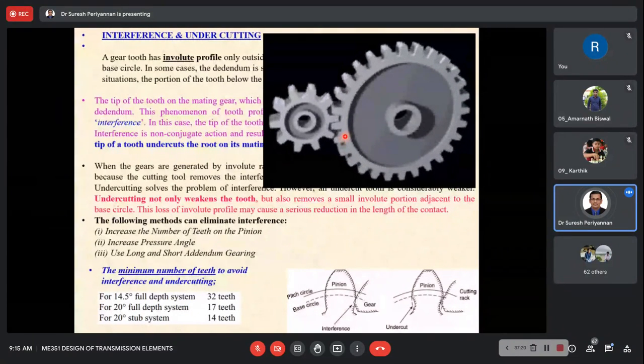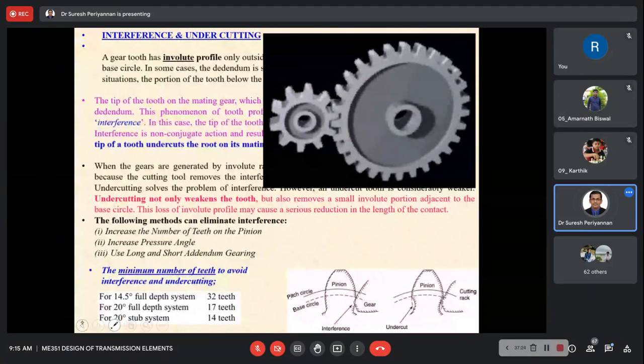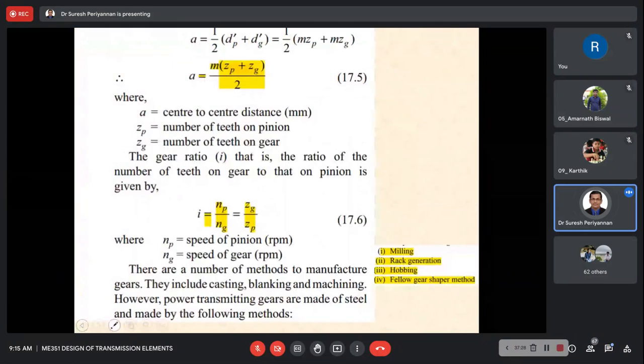This is contact ratio. Go through your book, you can get more clarity. This is one of the terminologies. If you are not getting it, I will tell you.